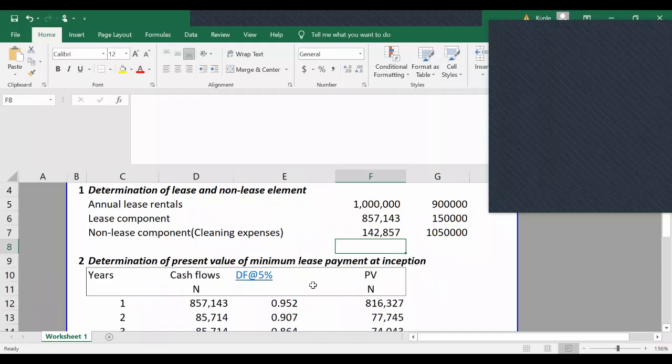The question also confirmed that within that 1 million naira, the amount contains the payment for the lease component and the payment for the non-lease component. But we were not told what portion of the 1 million naira is the lease component and what portion is the non-lease component.